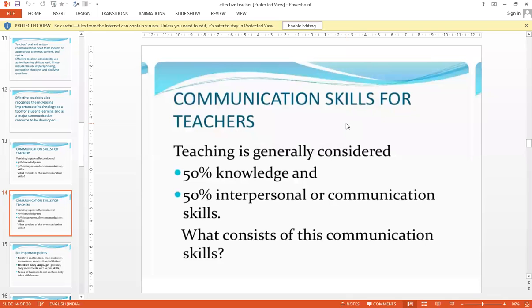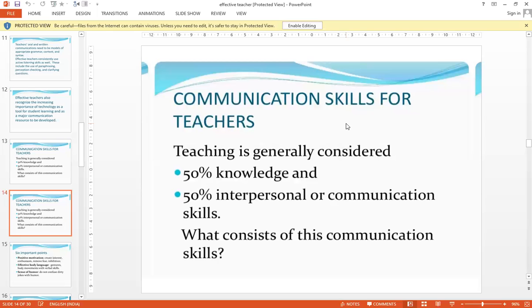We need to possess knowledge as well as interpersonal or communication skills. So let us study what consists of these communication skills.